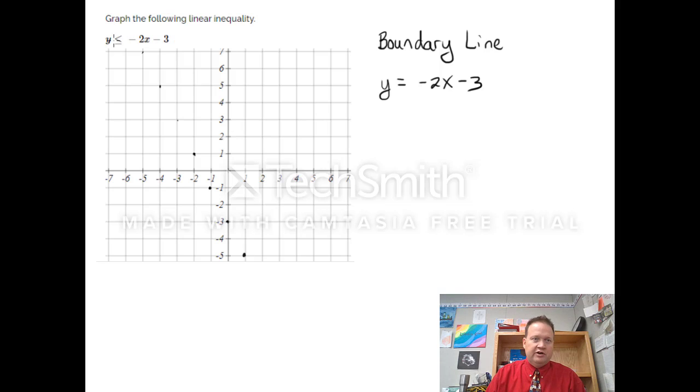The first thing we need to notice is the symbol style. This is less than or equal to, and the fact that it's underlined right there matters. If you recall, on a number line with an inequality, you have two choices: a hollow circle or a solid dot, and the underlined would give us a solid dot.